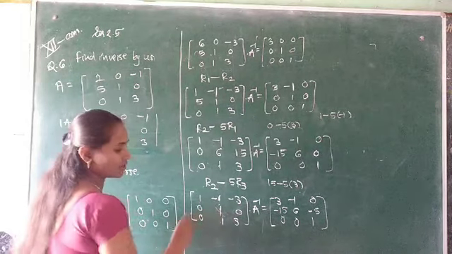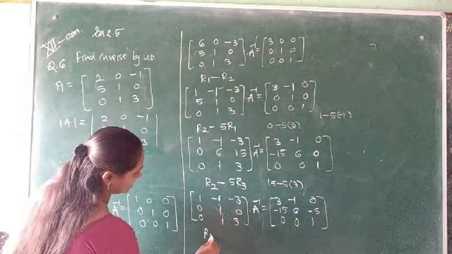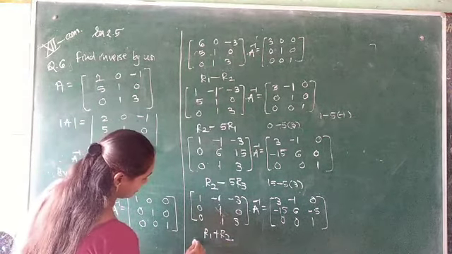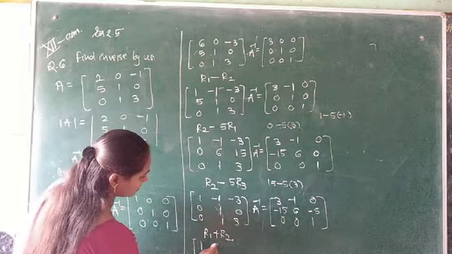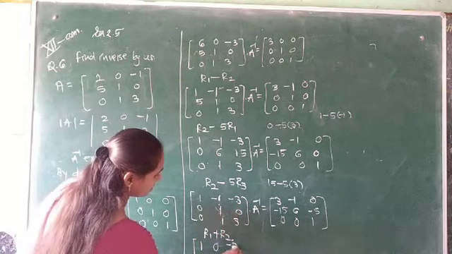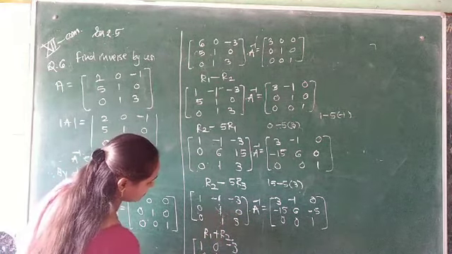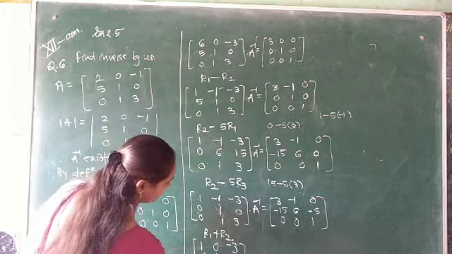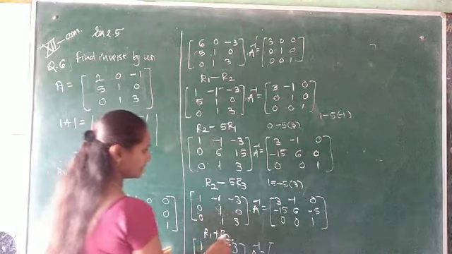If we take the addition of them, then it becomes 0. Next, R1 plus R2. 1 plus 0, 1, minus 1 plus 1, 0, minus 3 plus 0, minus 3, R2, R3 right as it is, 0 1 0, 0 0 1, 3 into A inverse is equal to R1 plus R2.